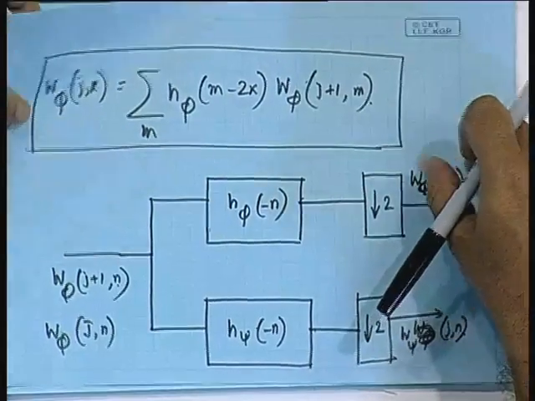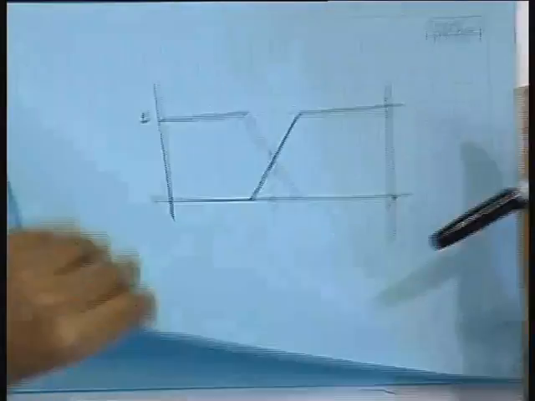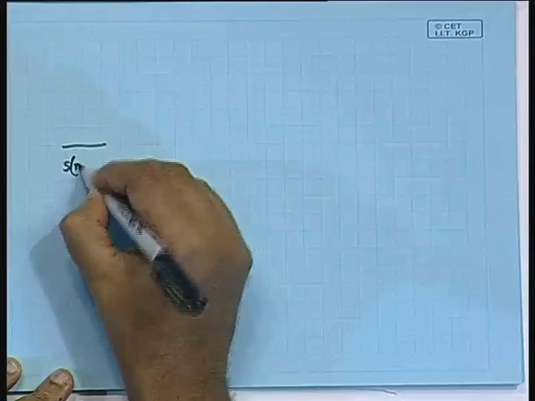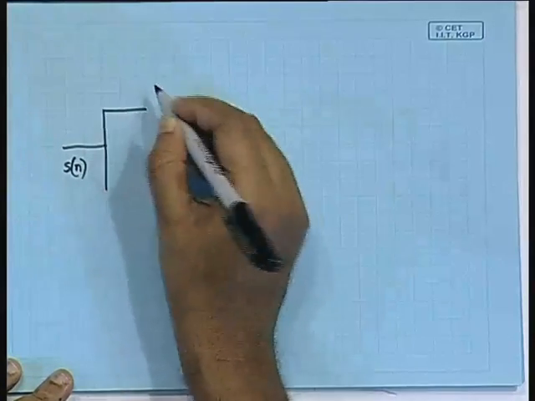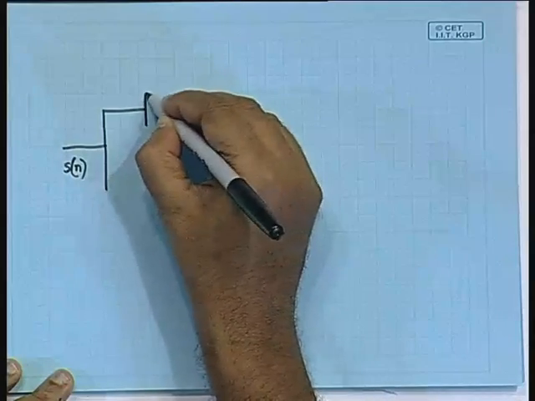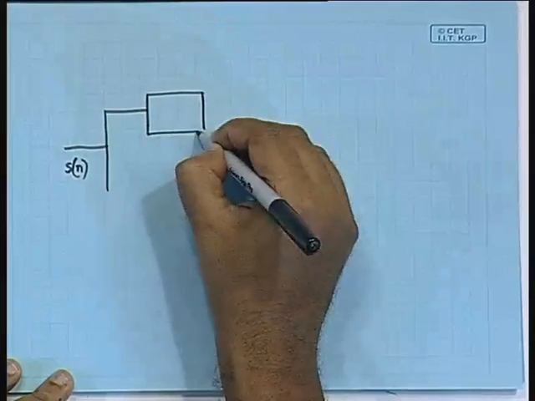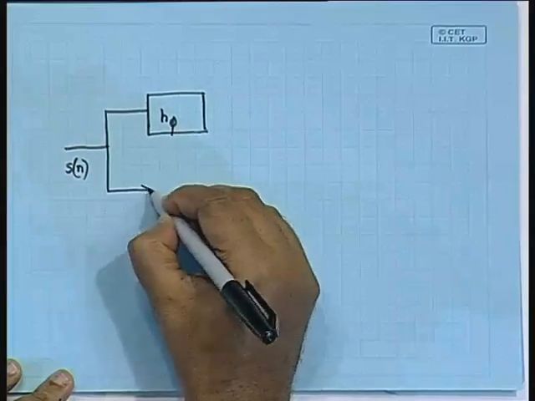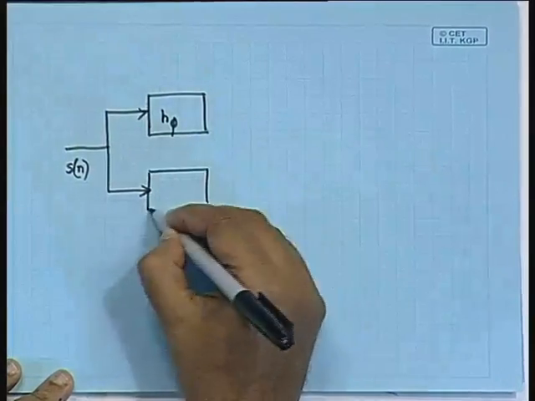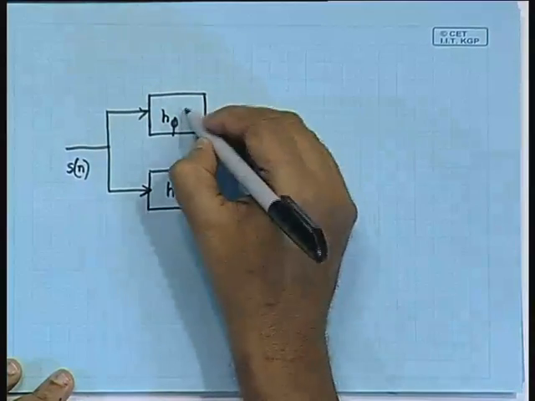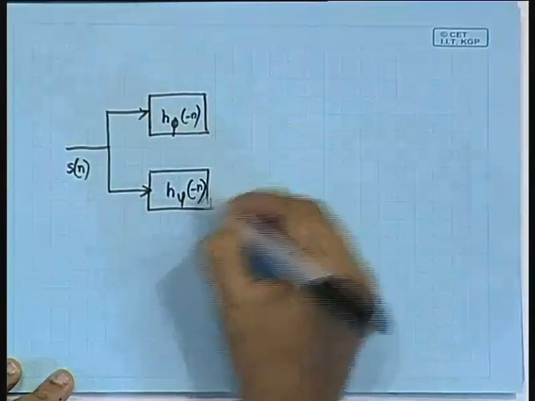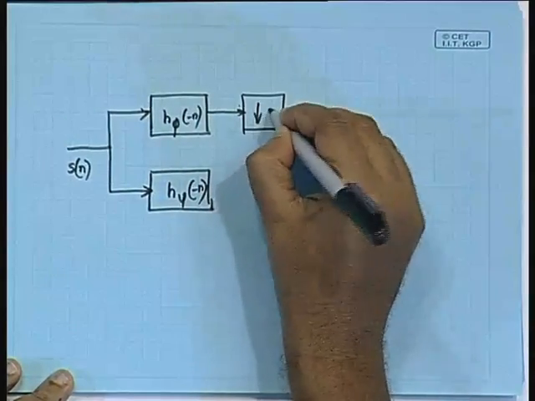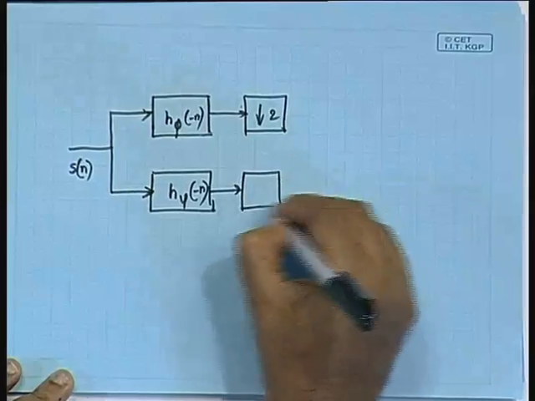In that case, what we need to do is to analyze this low pass further. What it means is that, given the original signal, let us say it is S of n, we pass this S of n into two filters. One is the H phi filter, the other is the H psi filter, and then we decimate by 2 here and by 2 here.